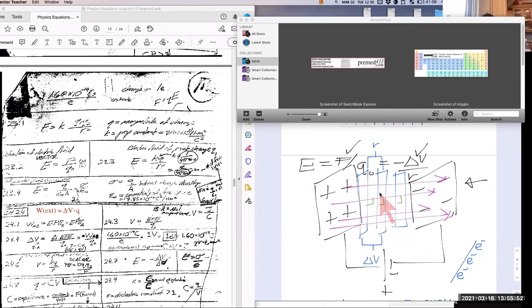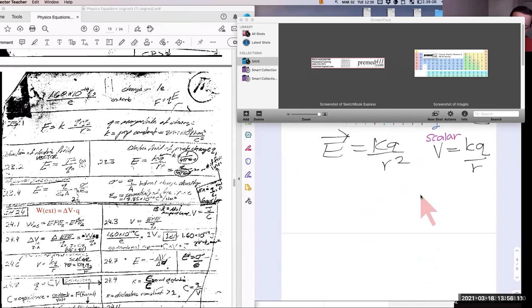And we have this. Have you ever heard of a parallel plate capacitor? Well, these are parallel plates. And what a capacitor does, a capacitor is going to store charge.